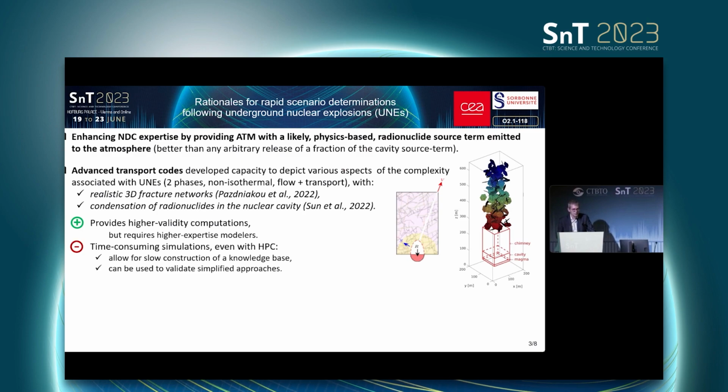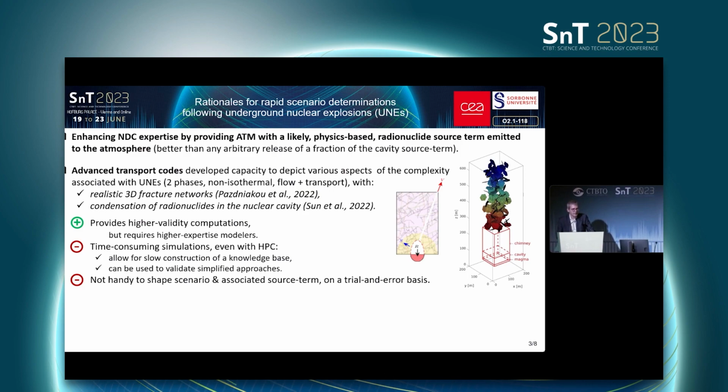Advanced transport codes go with time-consuming simulations, even with HPC. However, they allow for slow construction of a knowledge base, and they can be used to validate simplified approaches. Finally, advanced transport codes are not handy to shape scenarios and associated source terms on a trial and error basis.